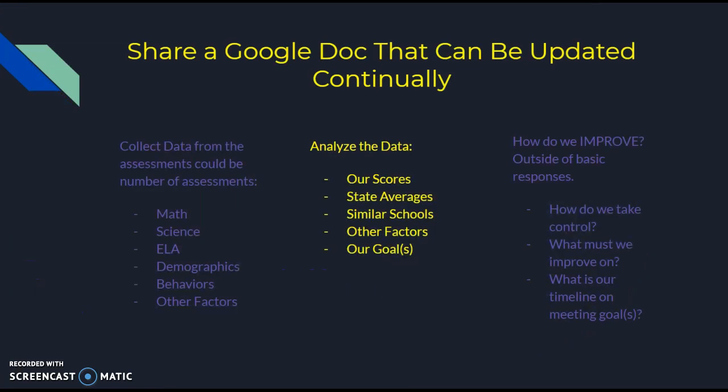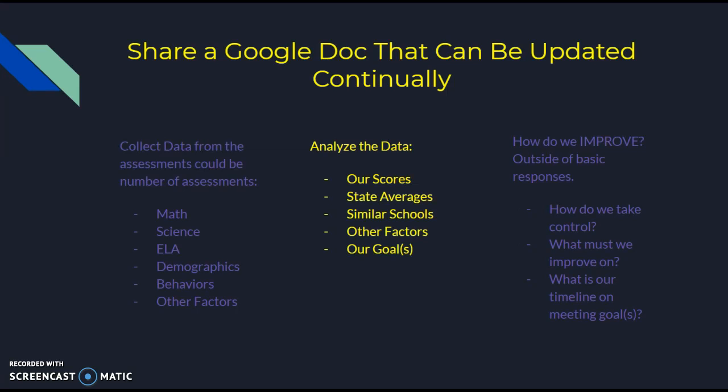As far as an actual document, I would have something that can be shared on a Google Doc or a Google Sheet that is organized, and I'd have our data there. We could either look at the state sites for our state assessment data, or I could have already gone through and put this information on the particular Google document.